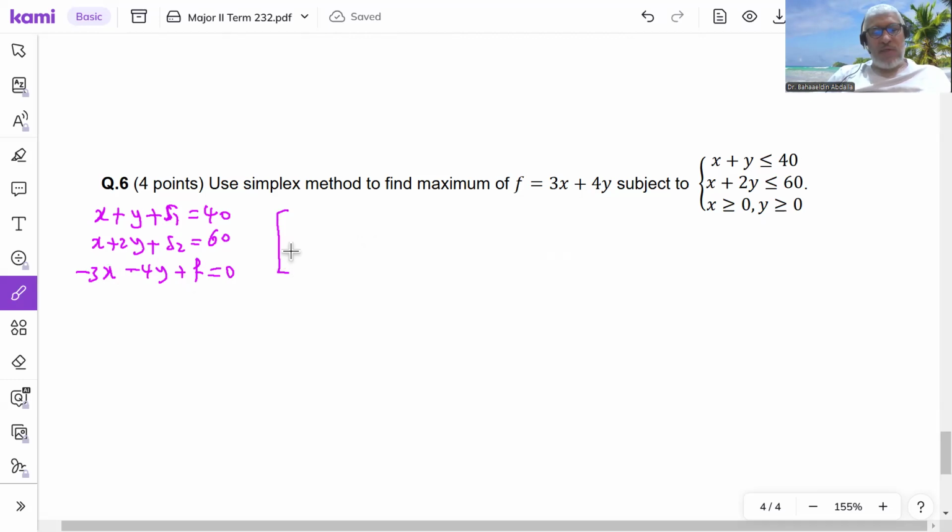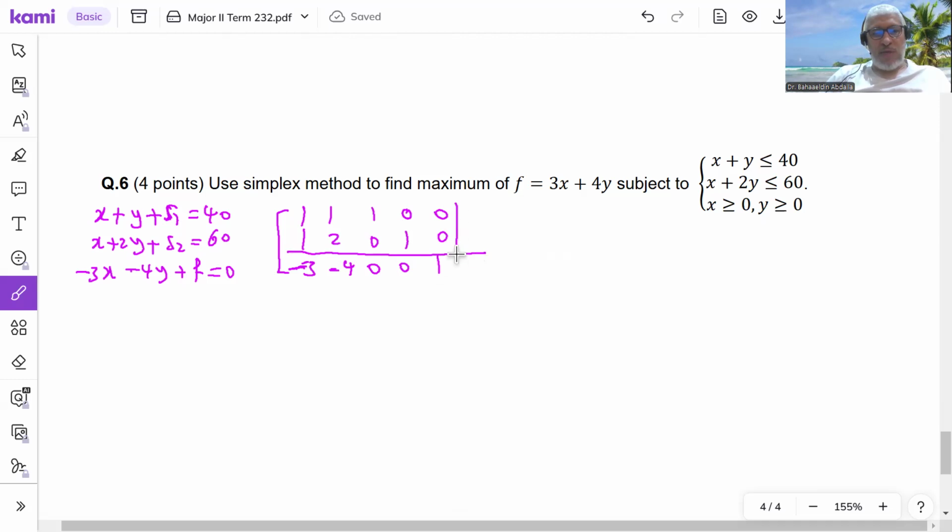And then we write the initial simplex matrix. Coefficients of x, coefficients of y, coefficients of S1. There is S1 only in the first equation, S2 only in the second equation, F only in the third equation.